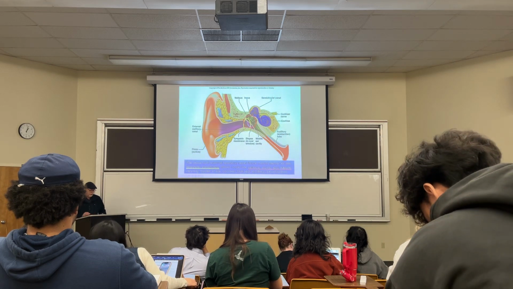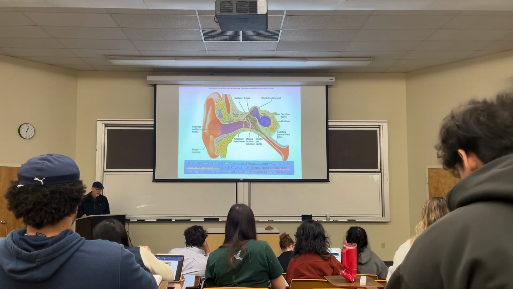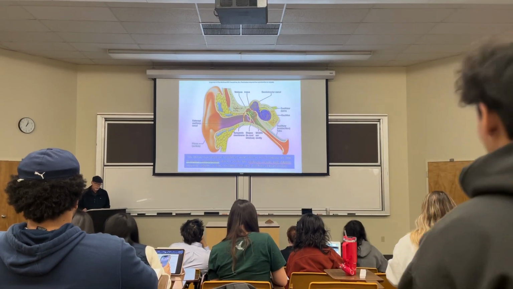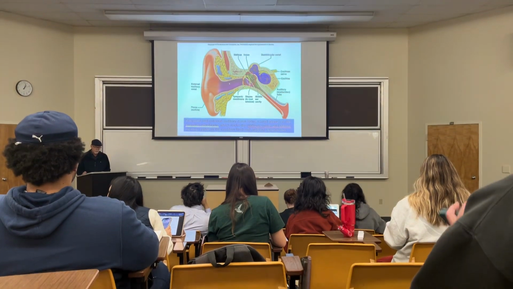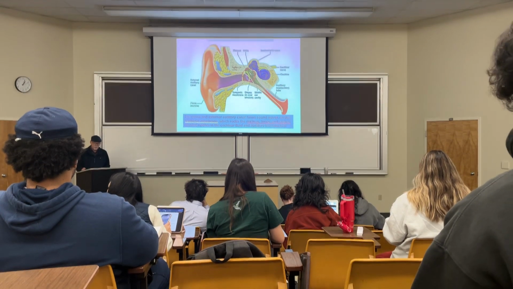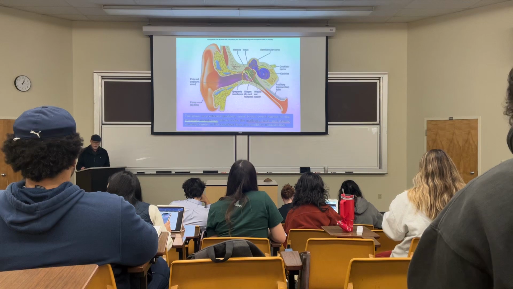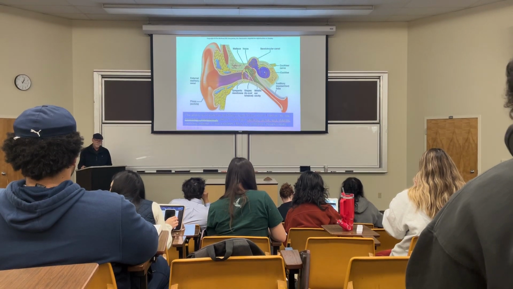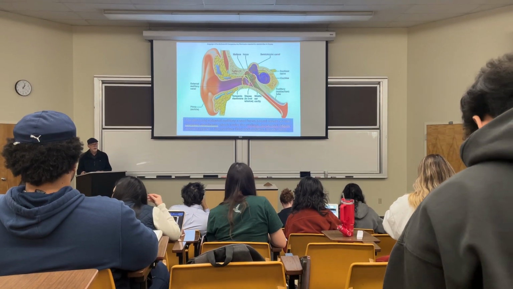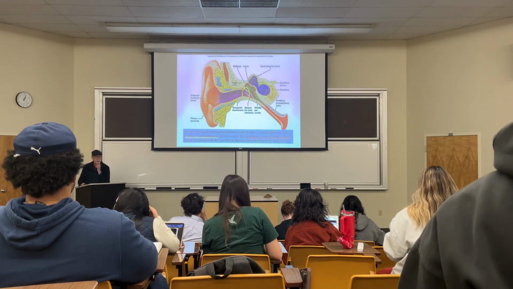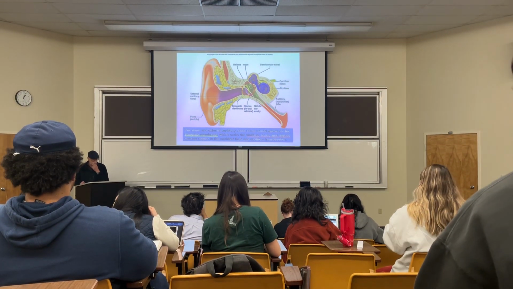Now, we talked about yesterday the sound energy out here loses some energy due to resistance, impedance, by the time you get into the cochlea. But we have three mechanisms to help ameliorate or decrease this energy loss.